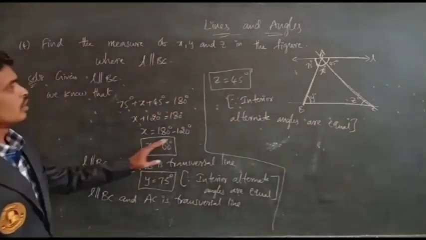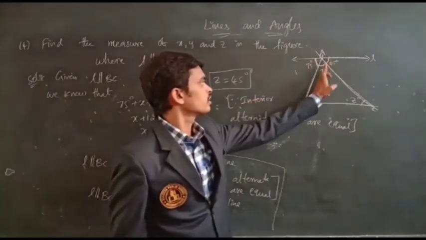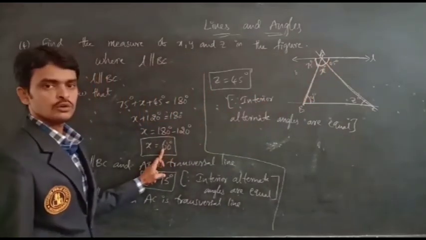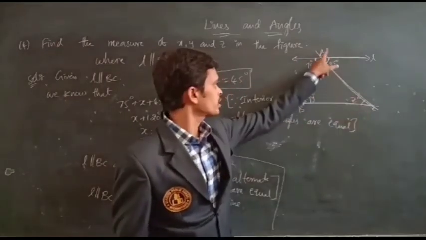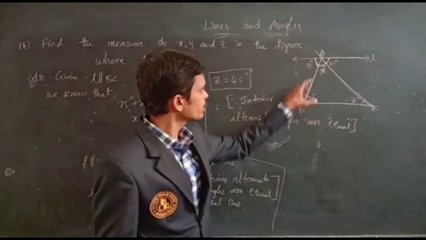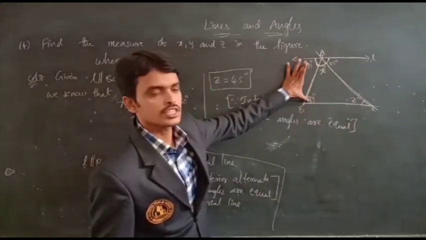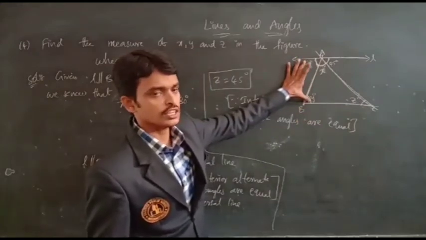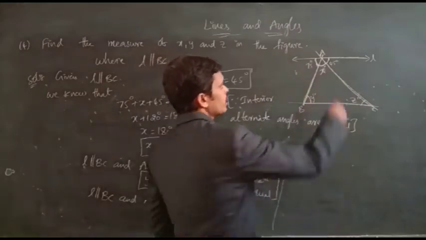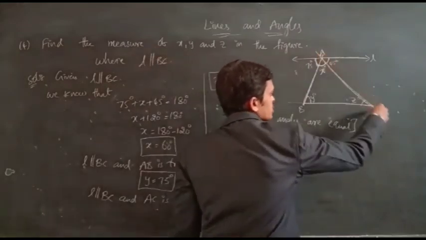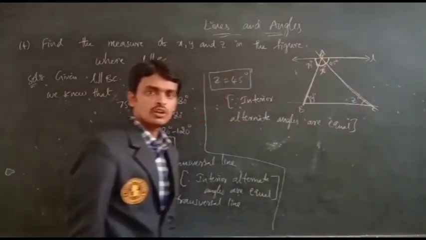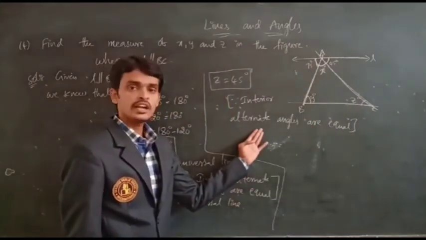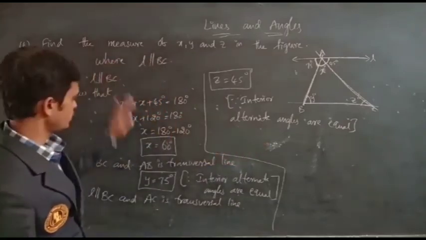So first, by taking 180 degrees we got the x value, and already we know that L is parallel to BC, and taking AB as a transversal line, y is equal to 75 degrees. Then these are which type of angles? Interior alternate angles. And next we are taking this AC as a transversal line, and z is equal to 45; they are also interior alternate angles. So this way we have to find out the measures of x, y, z.